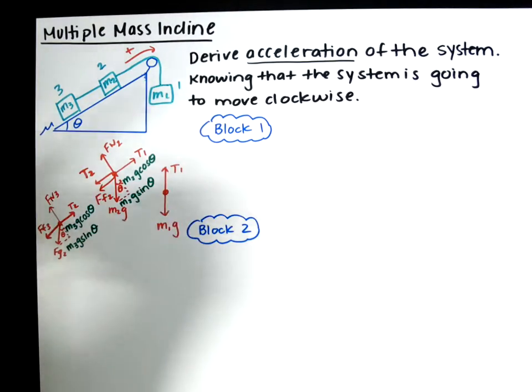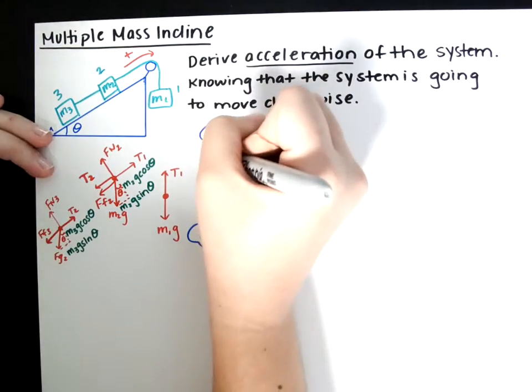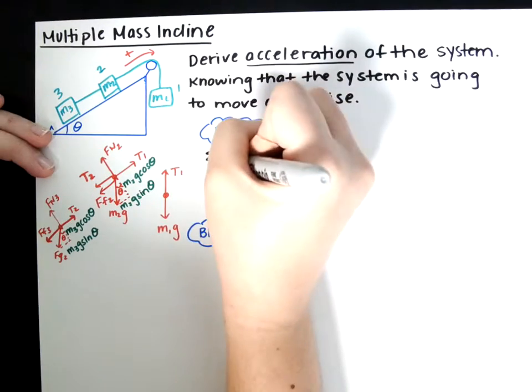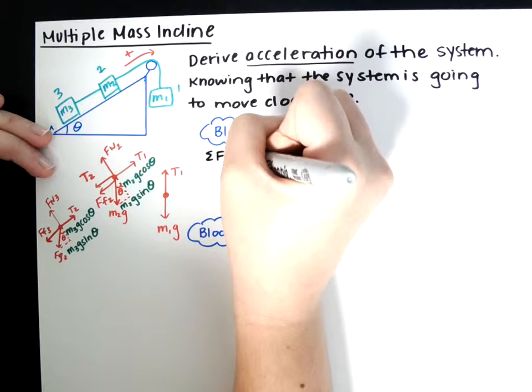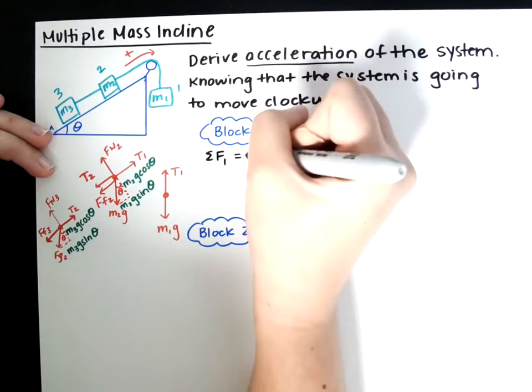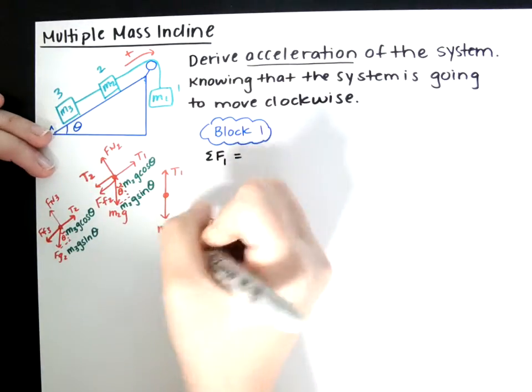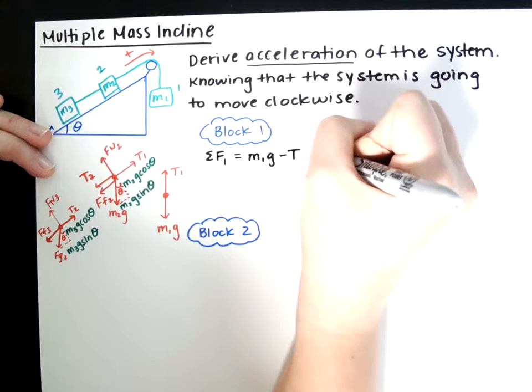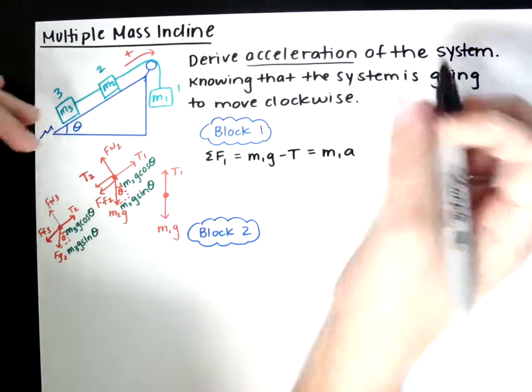So for block 1, this one's pretty simple. We have sum of the forces, and there is only the Y direction, so we only have one equation. Sum of the forces on 1 is equal to, since we said clockwise is positive, that means M1G is positive. M1G minus tension equals M1A.